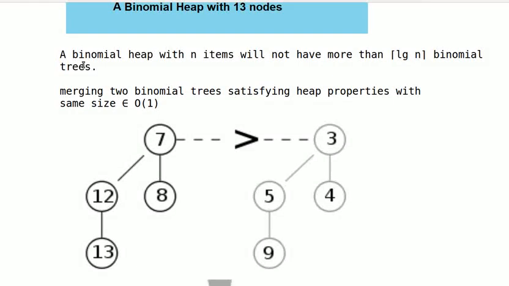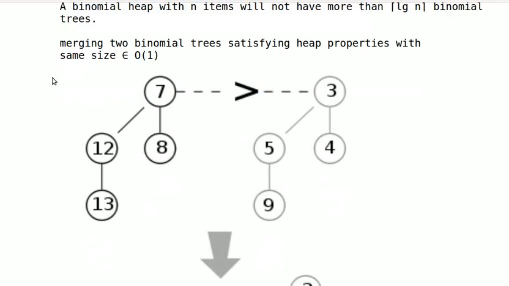Now, as you can see, merging two binomial trees satisfying heap properties is pretty simple, and we have to merge the two trees with the same size. They cannot be of different sizes. And the time complexity of this operation is big O(1), constant time.